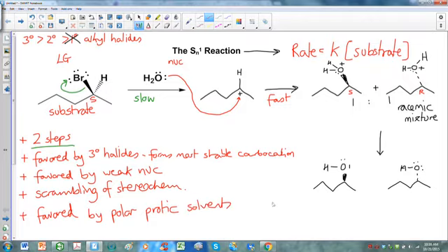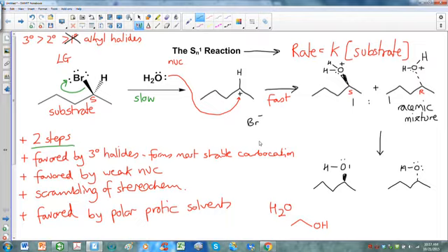Now the most common solvents that you're going to see that would be classified as polar protic would be water or alcohols, and the simple reason for that is that the hydrogen bonding available to these two is able to stabilize the carbocation and the anion that forms as well, because here we have the Br minus, okay, and in fact that stabilization from the solvent is the main reason why this carbocation forms in the first place.